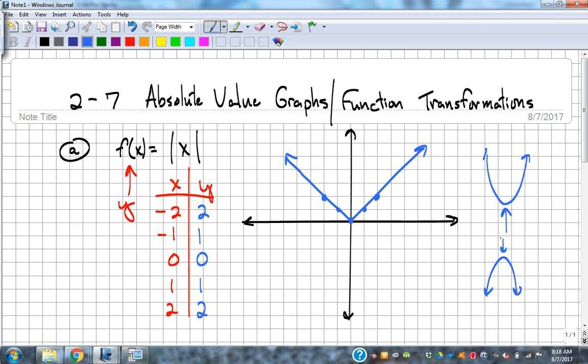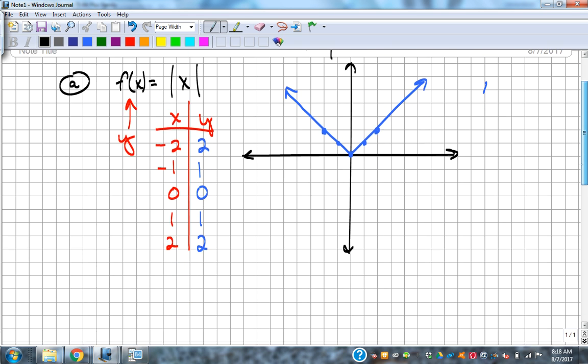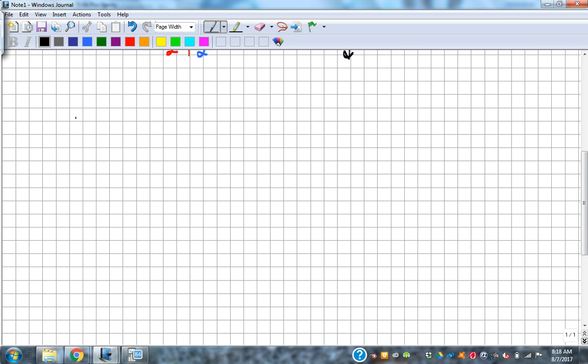Those make it easy to do transformations with because you can take that vertex point and then move it whichever way you need to move the graph around. So that vertex point is kind of the center point of the graph. So the vertex is pretty important here. So we're going to look at that form with absolute value equations.